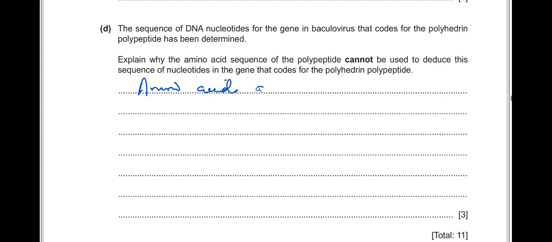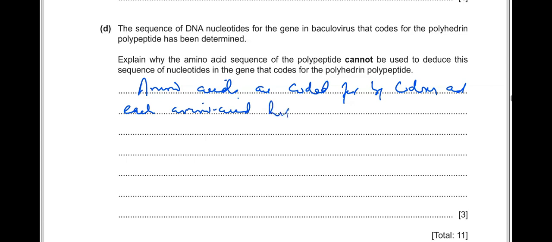So these are the reasons. We can say that amino acids are coded for by codons, and each amino acid has more than one codon coding for it.